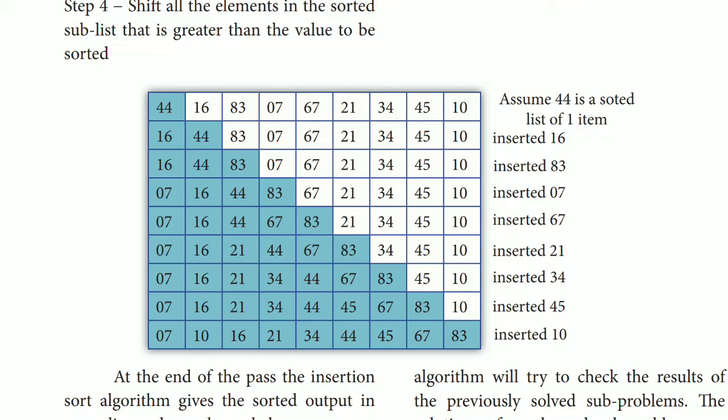In the next step you can see that it is creating a space there and keeping the number 83 next to 44.